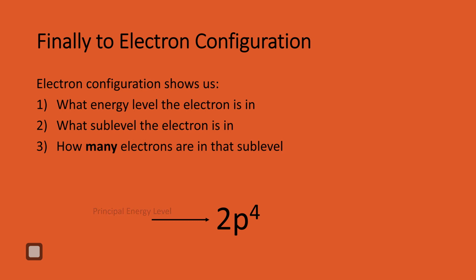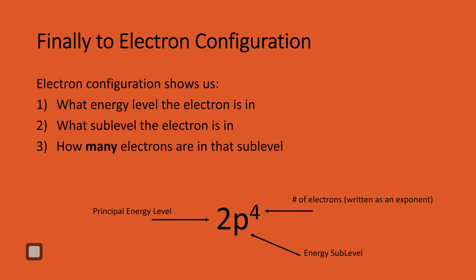So the big 2, that's your energy level. The p is the sublevel. And the 4 that's written like an exponent is the number of electrons. So what I'm saying here is that I'm in the second energy level, in the p sublevel, and there are 4 electrons currently located in the p sublevel.